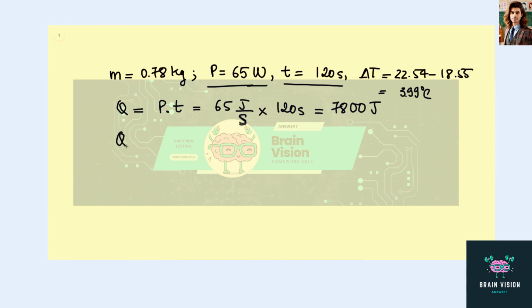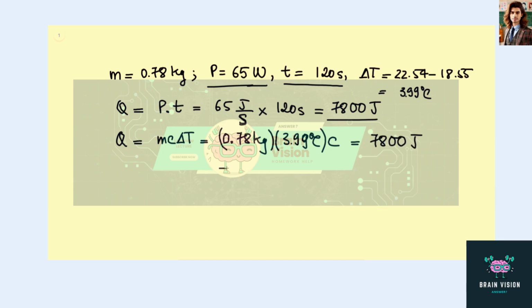So we can use Q equals m times C times delta T, where m is the mass, 0.78 kilograms, times delta T, which is 3.99 degrees Celsius, times the heat capacity, and this should be equal to the amount of heat that we just calculated, 7,800 joules. We divide both sides by this number.